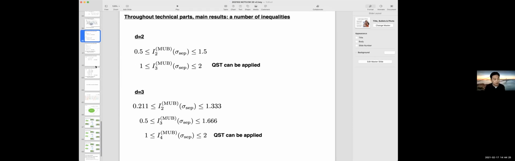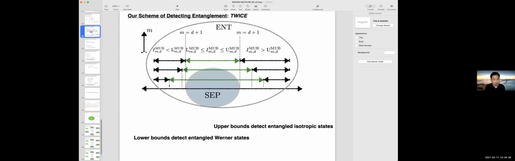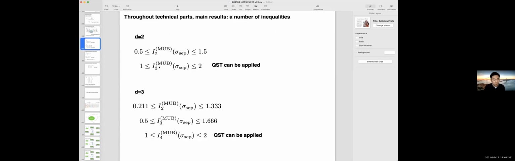Okay, so maybe it's better to look at this. If you apply all MUBs here, then the lower bound corresponds to some witnesses, and the witness corresponding to the lower bound here is more optimal. It can detect a larger set of entangled states than the witness corresponding to these lower bounds.